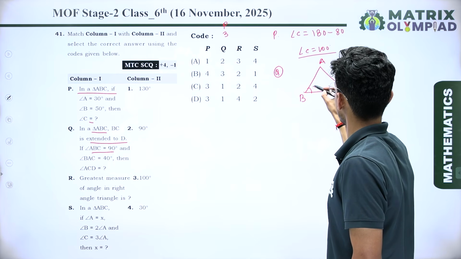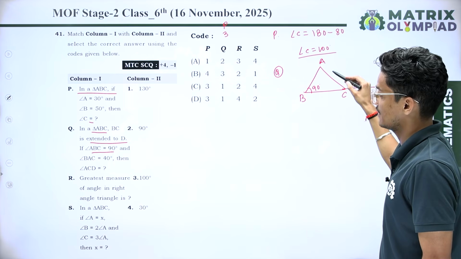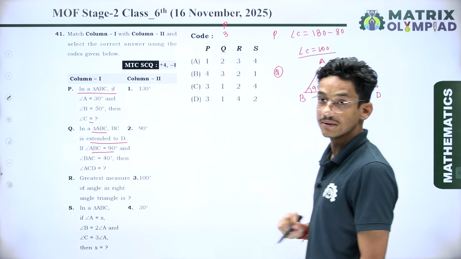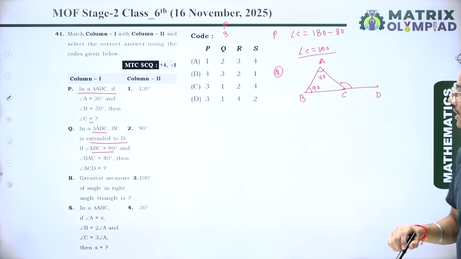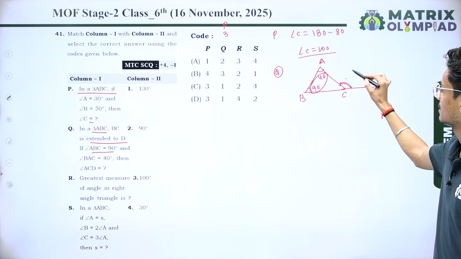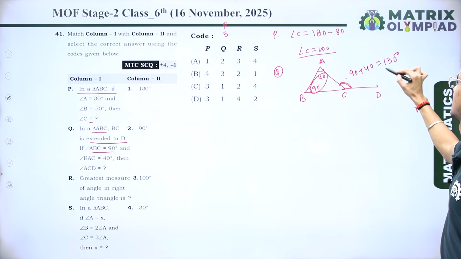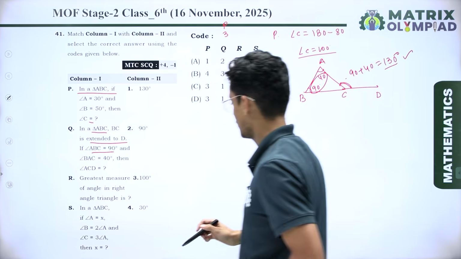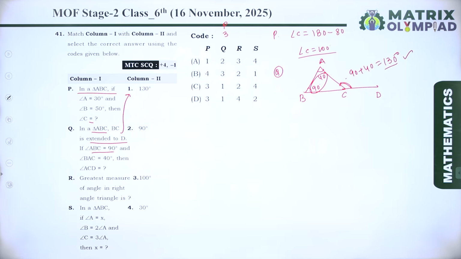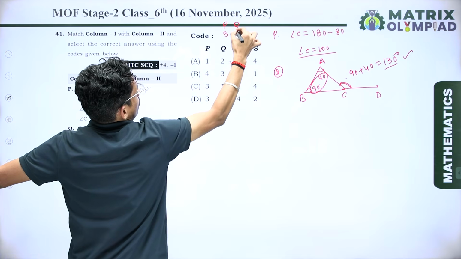This one is 90 degree, and BAC, this one is 40 degree. And we have to find the angle ACD. For this angle, the sum of these two angles is equal to this one. So 90 plus 40 degree, that is 130 degree. So 130 where? Here. It means Q is connected to 1. So I can write here Q is connected to 1.